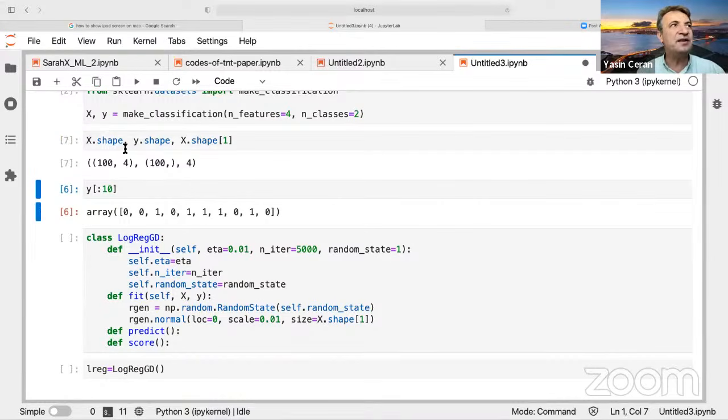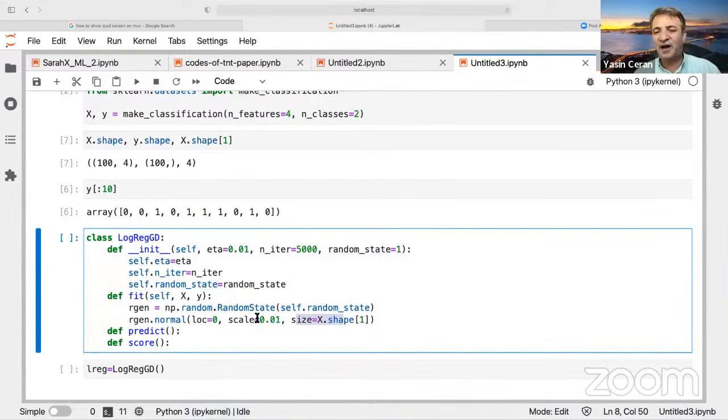I'm going to assign a w for each attribute. I have 4 attributes. I need 4 w's and 1 intercept. So 5 w's: 4 of them for the attributes, 1 of them is the intercept, or bias term. For the 4 w's, I'm going to create 4 very small random numbers from a normal distribution with mean 0 and standard deviation 0.01.